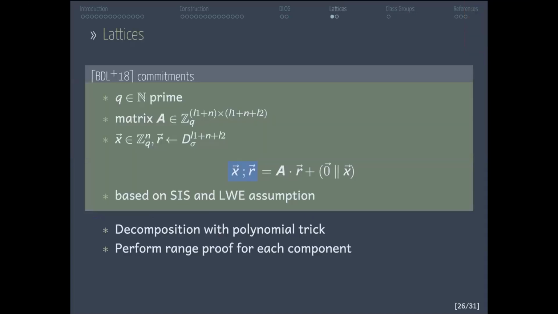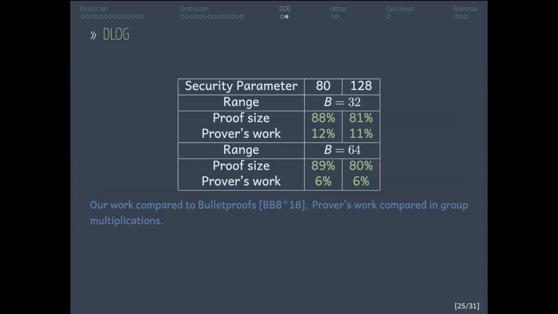Can I just ask you a quick question about the table? These percentages mean that, for example, if Bulletproofs take T time, then this one takes, let's say, 12% of T? Yes, about 12%. But it's not time, it's in group multiplications.